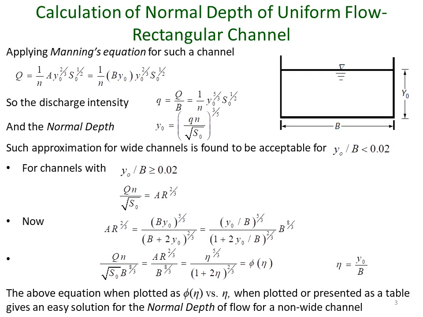By substituting the values of cross section and hydraulic depth, we have obtained this equation in a non-dimensional form. And here eta is the aspect ratio y naught by B, and this non-dimensional form of the equation can be plotted easily as phi versus eta.